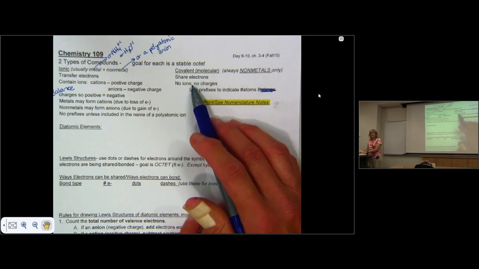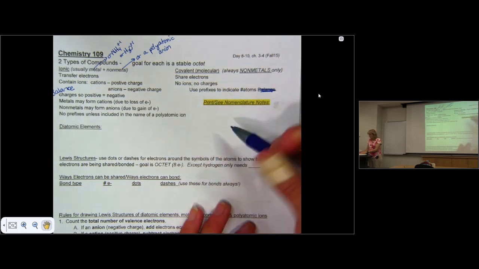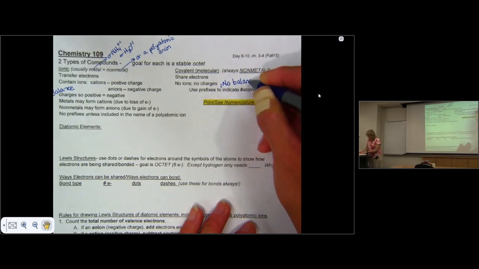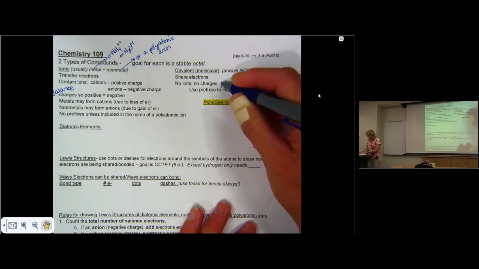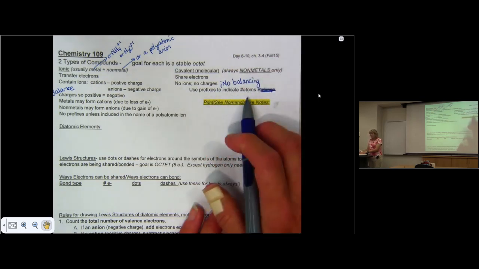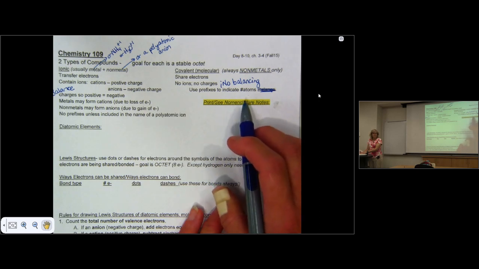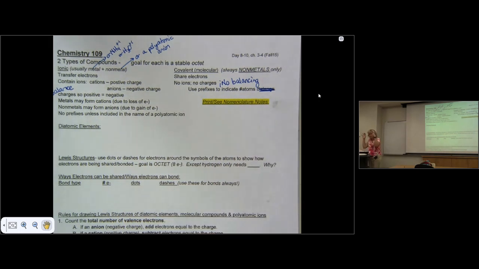No. So there are no ions, so there's no charges, which means no balancing. Instead, use prefixes to indicate the number of atoms. And all that's on the video. I'm not going to write all the prefixes down. But this is the short and the sweet of nomenclature, the difference between the 2 types. That's what this is.